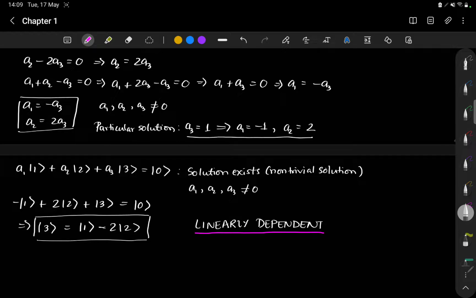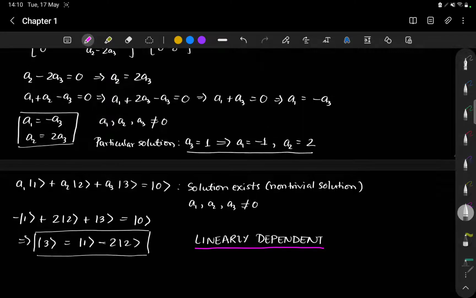In reality, there would be other possible solutions which would be just multiples of these. For example, if we took A3 to be equal to 2, then A1 would be minus 2, and A2 would be 4. So we get just multiples of these values if we choose different values for A3.